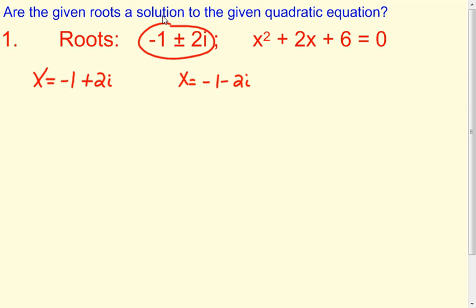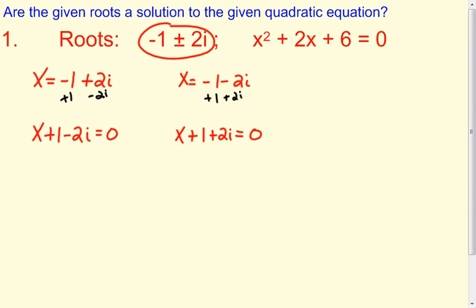So I will add 1 and subtract 2i and move it to the other side. Then on the other side, this will look like x plus 1 minus 2i equals 0. And over here, I will add 1 and add 2i, so on the other side, this will look like x plus 1 plus 2i equals 0.